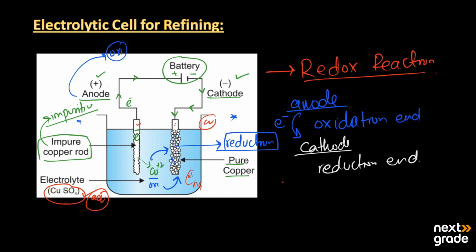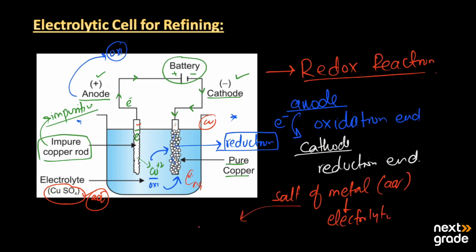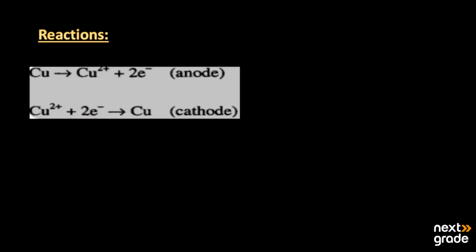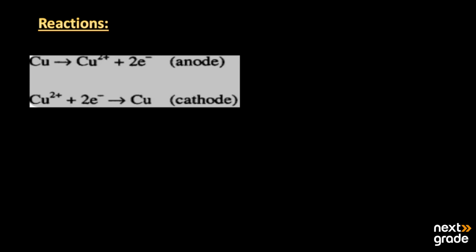No, the salt of that metal in its aqueous form must be used as the electrolyte, and it must be the same as the electrode that is working here for the conduction of electrons from anode towards the cathode. Then we have some reactions for this process.